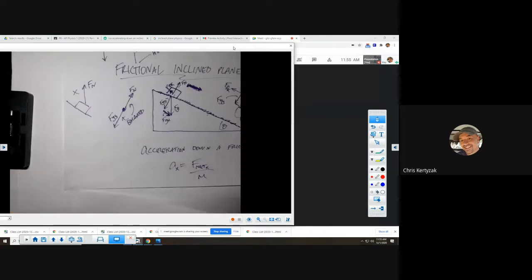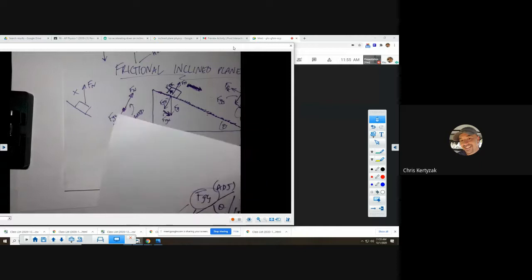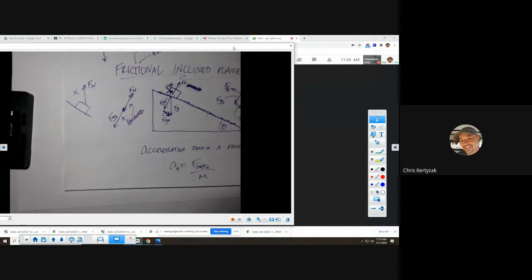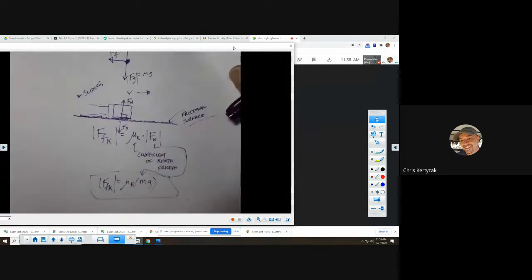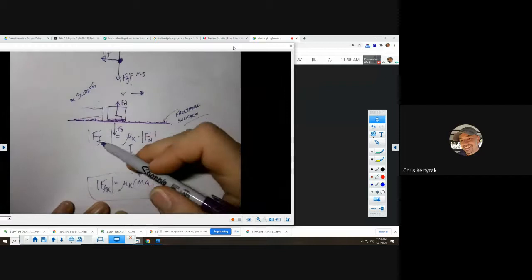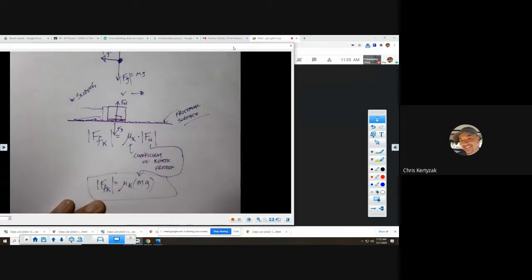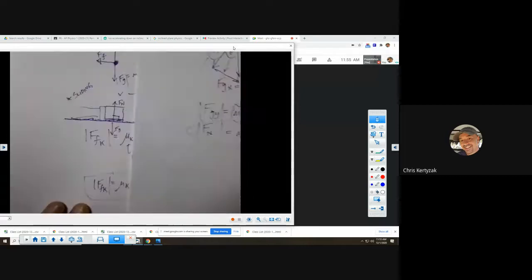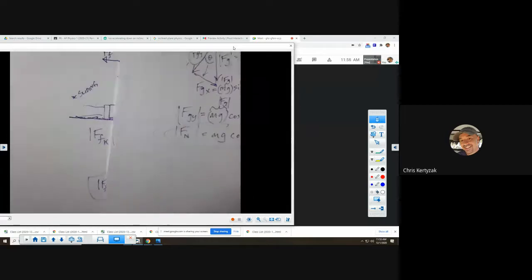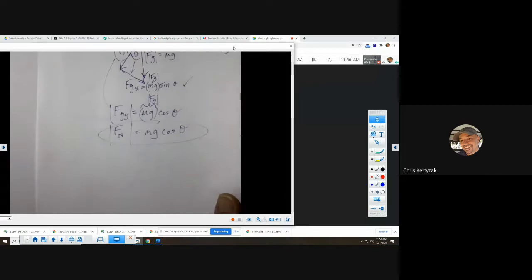So we have this now. And if we tie this back to our friction topic, the discussion we just had on friction, which is here, the frictional force is always the coefficient times the normal force. And we know that this is the normal force. That means I can just slide that expression in for Fn.